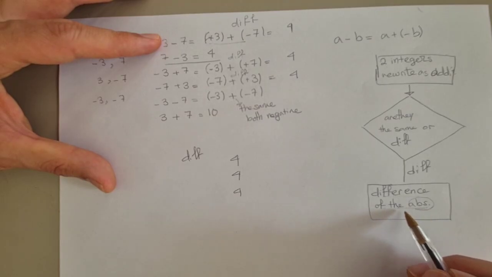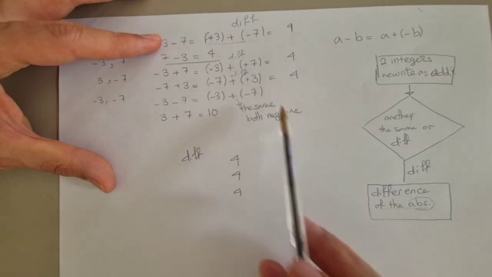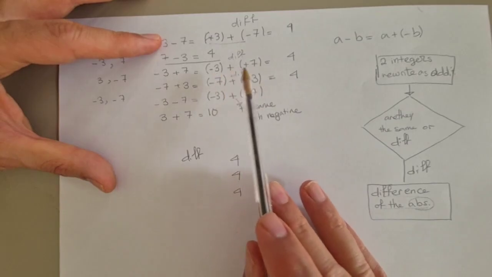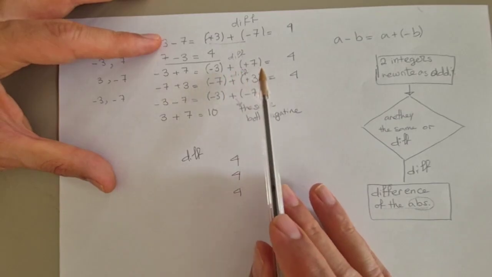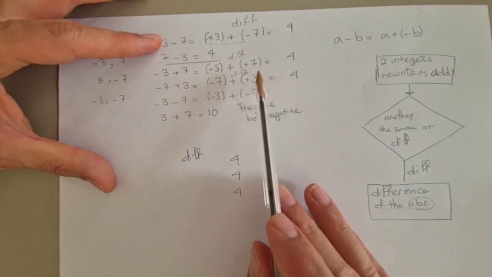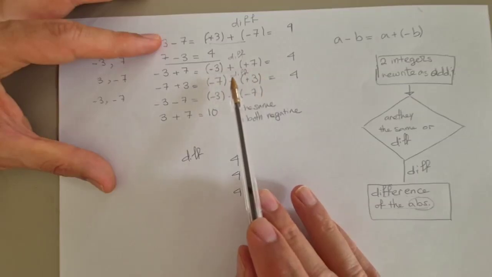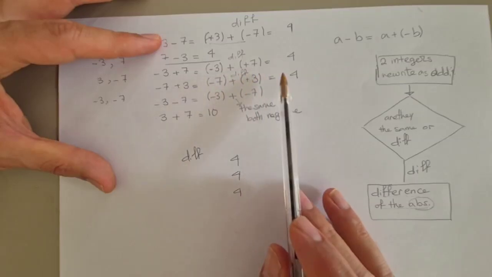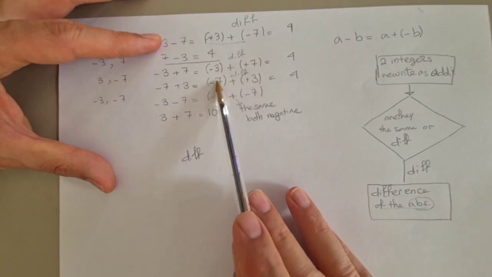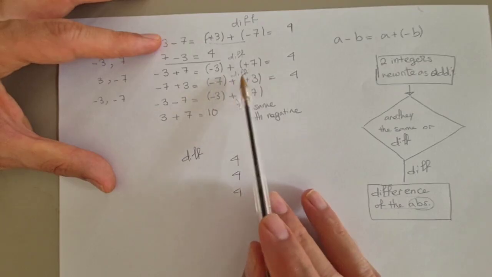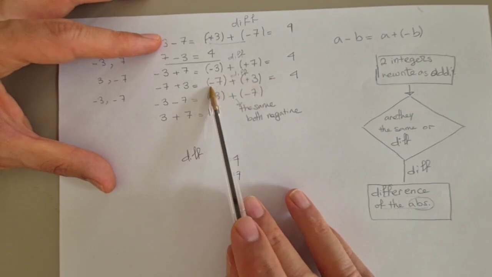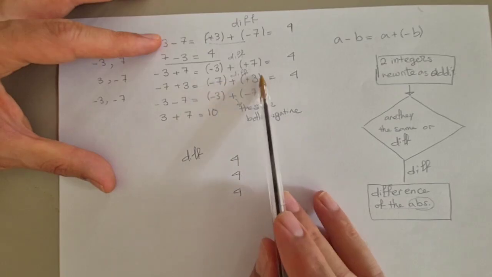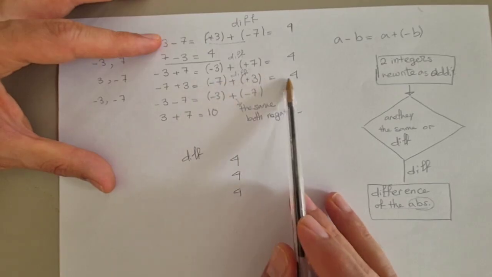And then take away the smaller one from the bigger one and find the difference. So in here you can see that the difference between 3 and 7 would be the bigger one take away the smaller one. 7 take away 3 would be a difference of 4. And in here again, the difference between 7 and 3, so I ignored the sign, the difference between 7 and 3 would be 4.